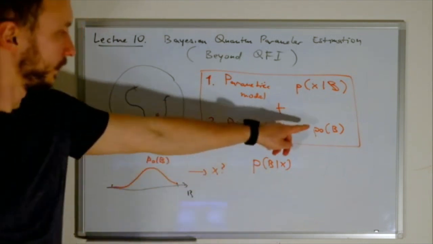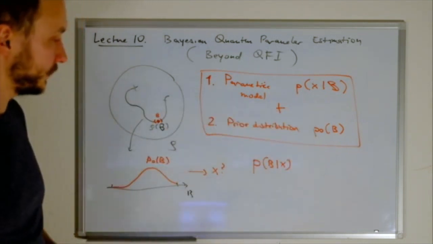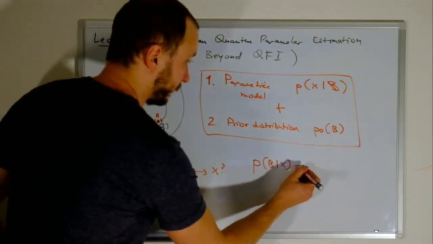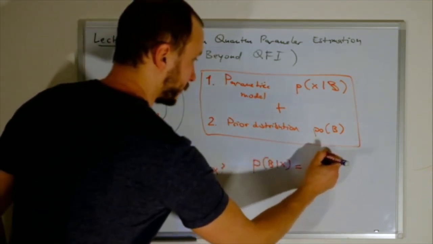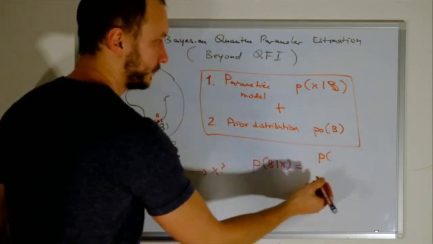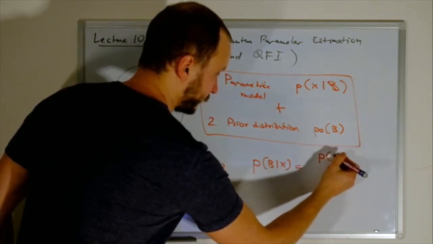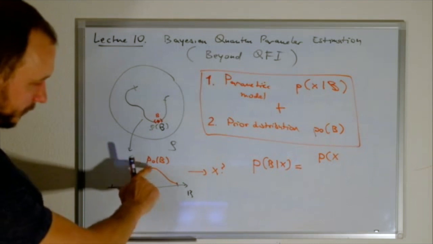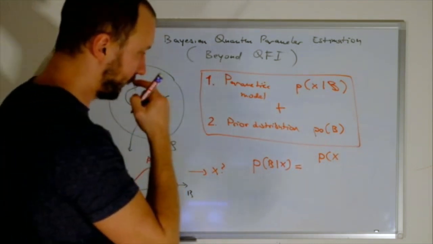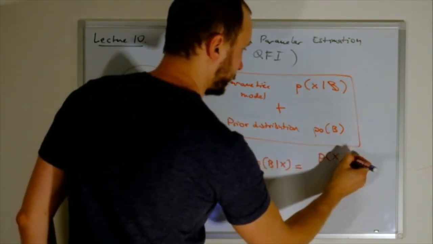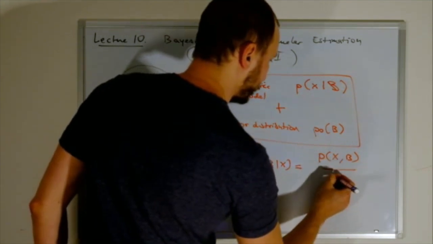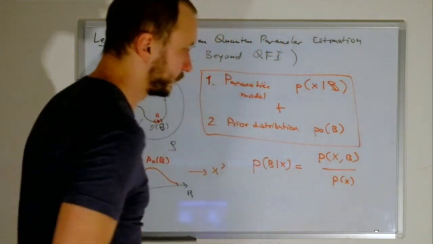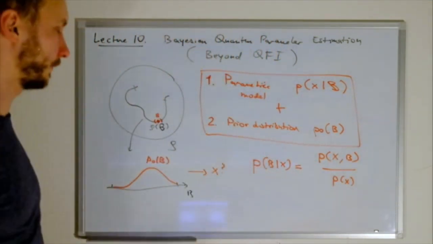How to compute this? Again we can use Bayes' rule as before. The probability of b knowing x is just the joint probability, because b really is a random variable prepared from the prior probability distribution. So it is the joint probability divided by the probability of x. This is really the definition of the conditional probability.